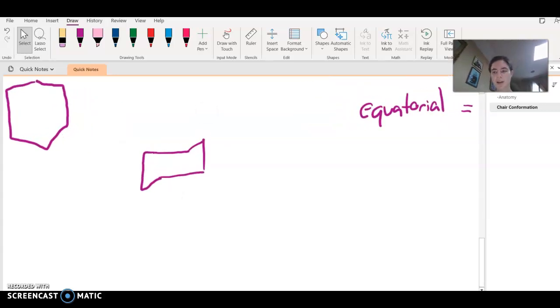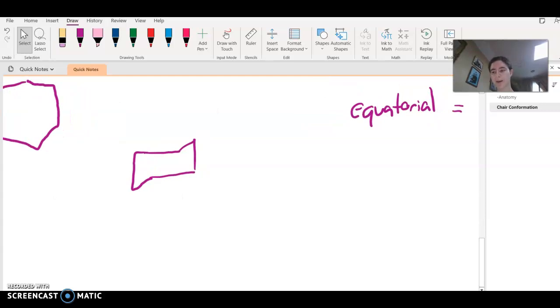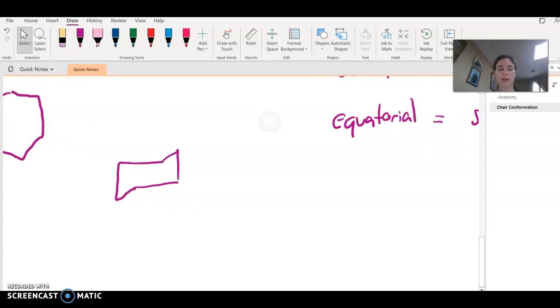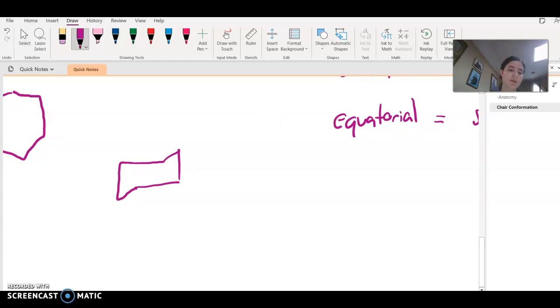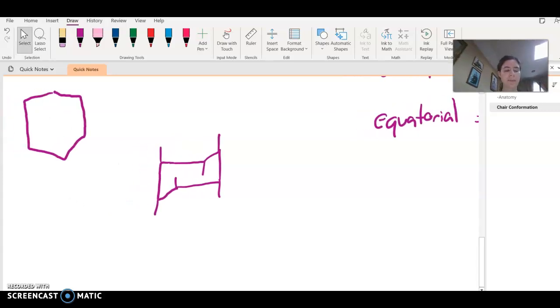So when I draw a chair conformation, I like to draw the axial ones first, so the ones that are going directly up and down. You start on the point, and I make this point go directly up, and then the next one will go down. Up, down, okay?